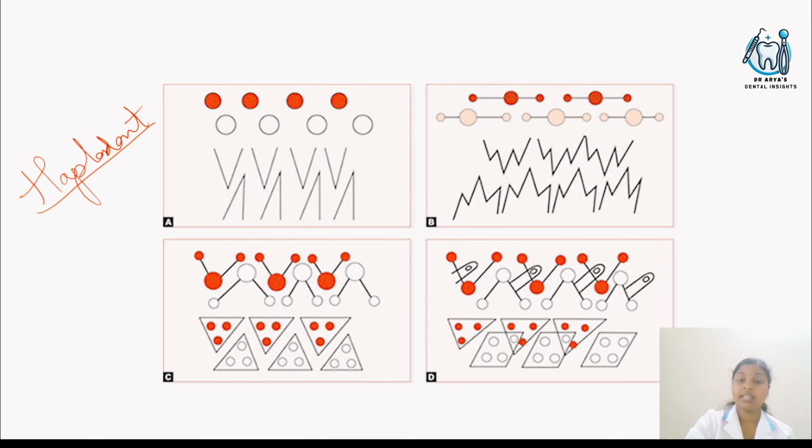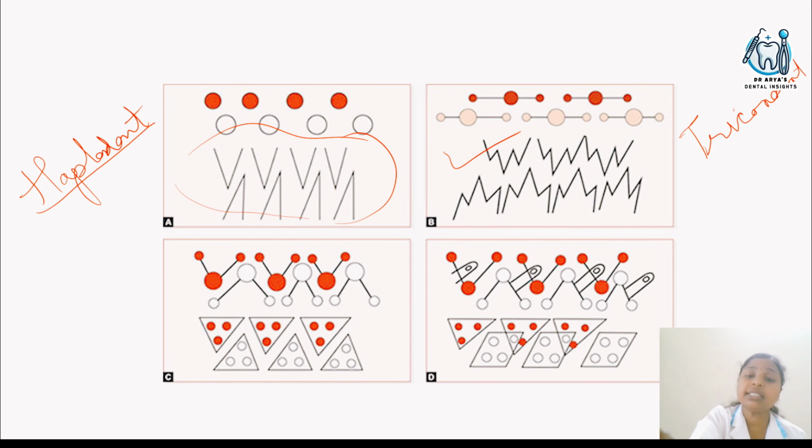Then next one is the triconodont. Here it exhibits 3 cusps in line. This is the 3 cusp in a line, so 1, 2, 3, in posterior teeth, with the largest cusp centered, with a smaller cusp located anteriorly and another posteriorly.